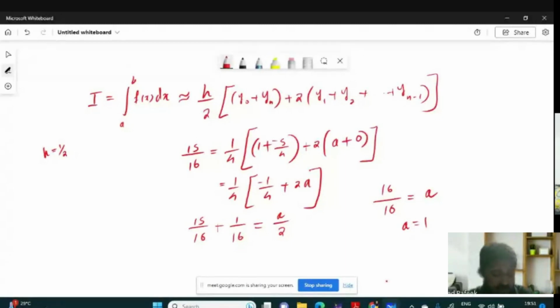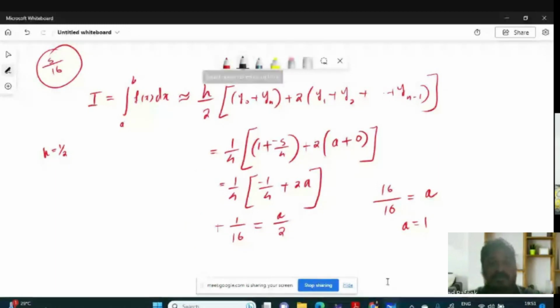I think that is not 15 by 16, that is 5 by 16. Do it with that 5 by 16. If it is 5 by 16, the LHS becomes 5 by 16.